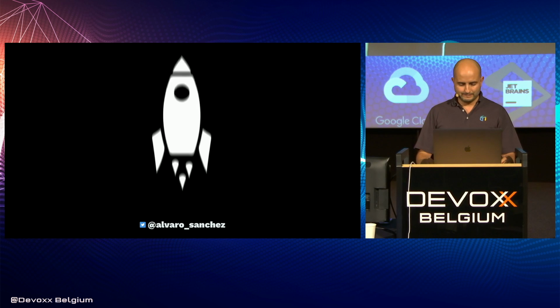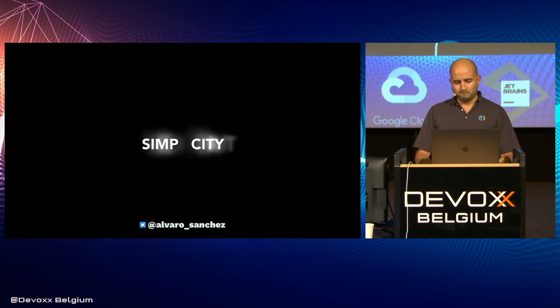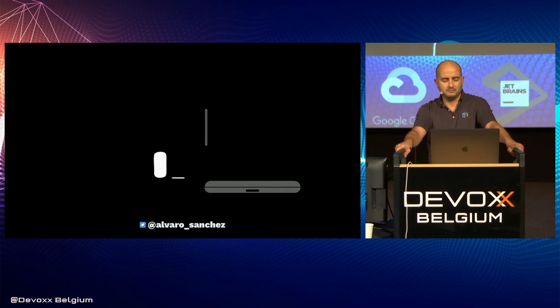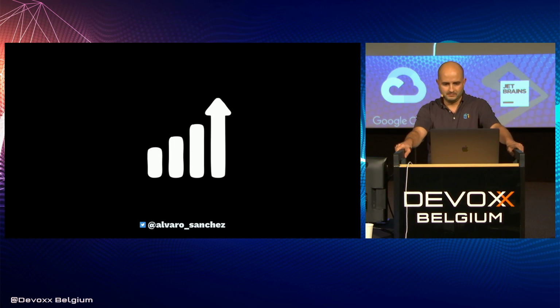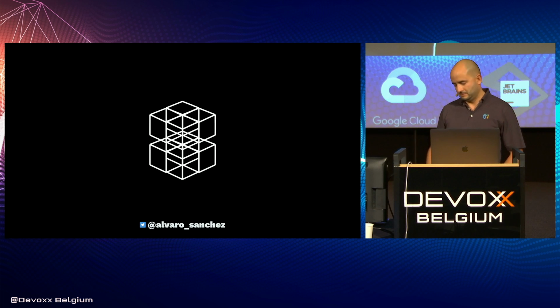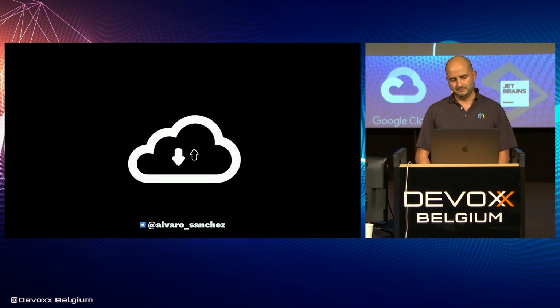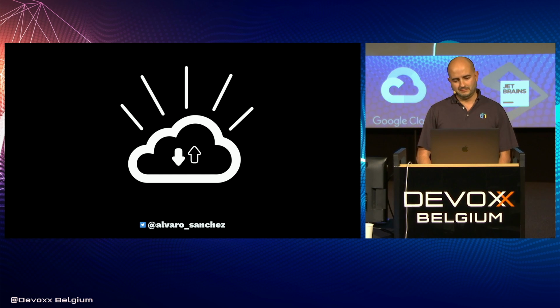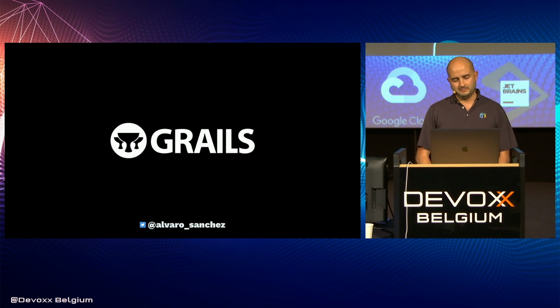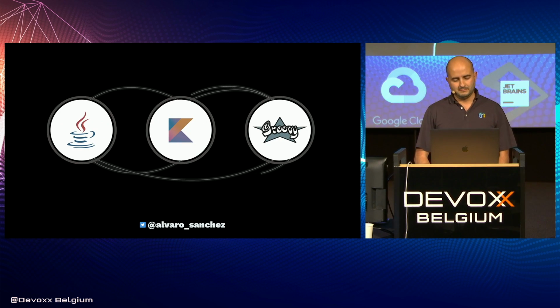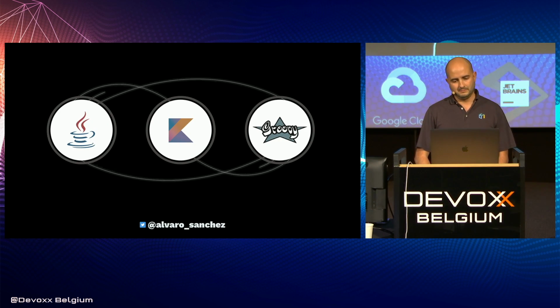Increased demand for speed, developer productivity, simplicity, and robust cloud services integration leads to an increased demand for Rust services and JVM-based microservices that respond quickly and don't rely on heavy runtime memory requirements. That's why the team that brought you Grails now introduces Micronaut, a polyglot framework for the rocket speed of today's developers.